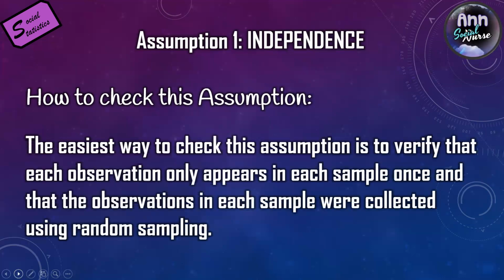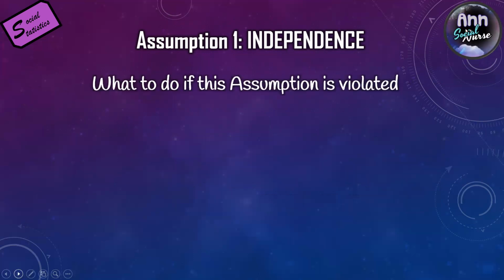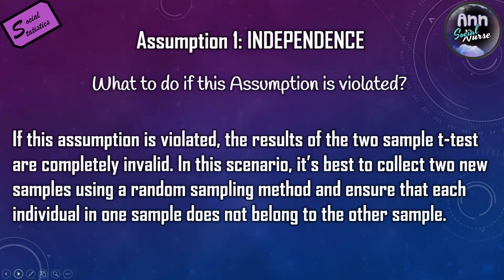The easiest way to check this assumption is to verify that each observation only appears in each sample once, and that the observations in each sample were collected using random sampling. So as a researcher, you know how you did that, how you did your sampling. So what to do if this assumption is violated? If this assumption is violated, the results of the two-sample t-test are completely invalid.